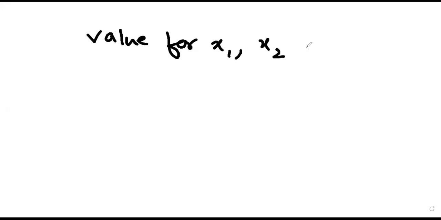Yesterday's class we discussed how to convert the management problem into mathematical equations. Now today's session we are going to discuss how to determine the values of x1 and x2.